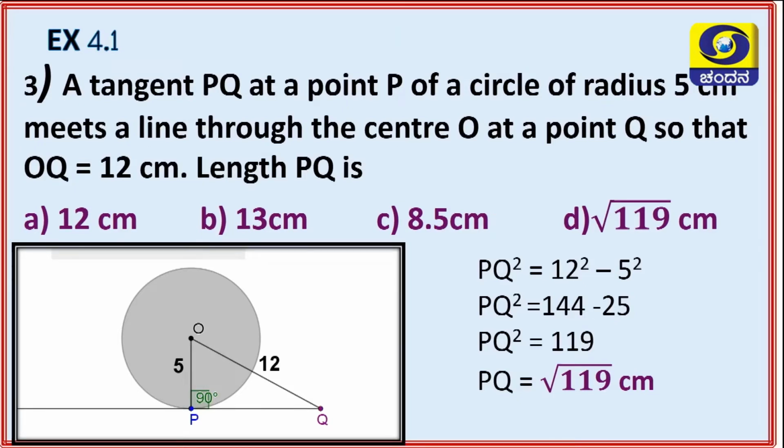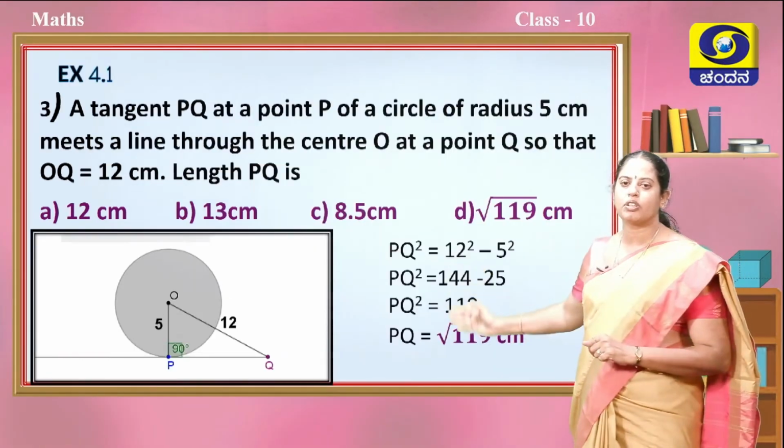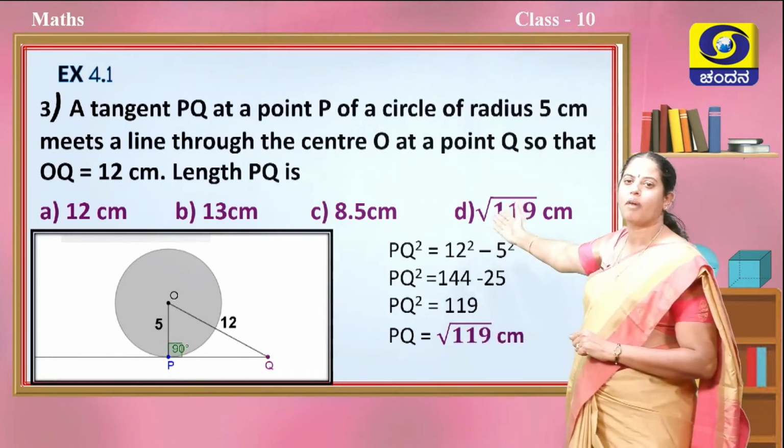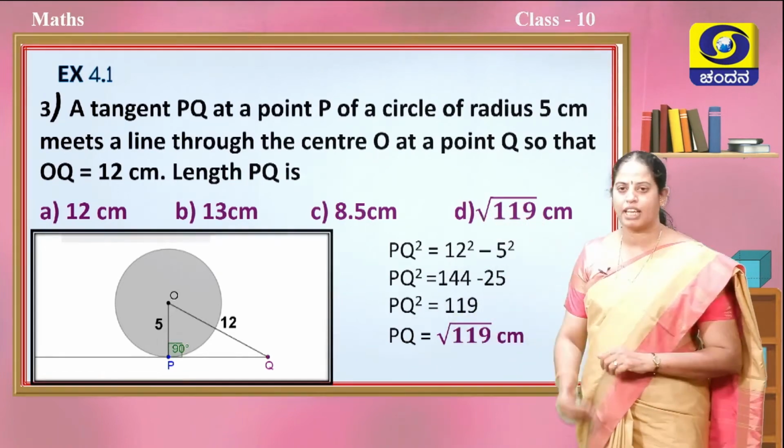Hence, PQ square can be written as hypotenuse square minus OP square. Hypotenuse square is 12 square and OP square is 5 square. On simplification, we get PQ square equals 119, but we need the length of PQ. So, taking square root on either side, we get PQ equals root 119 centimeter. Option D is the correct answer.